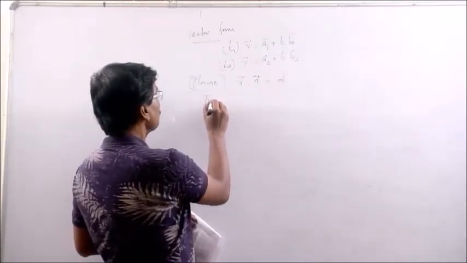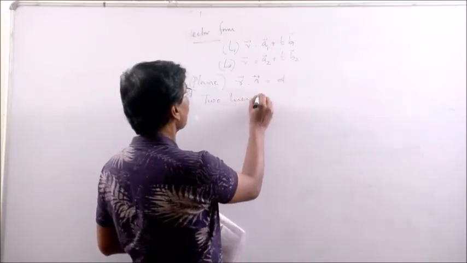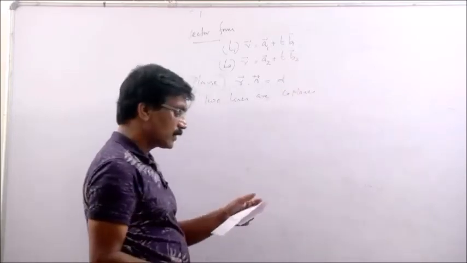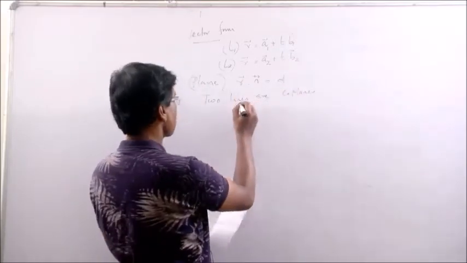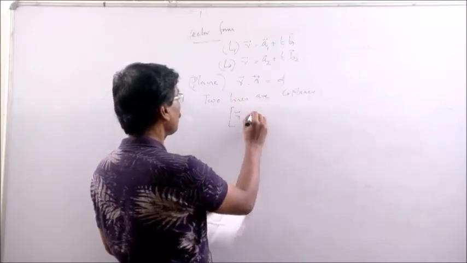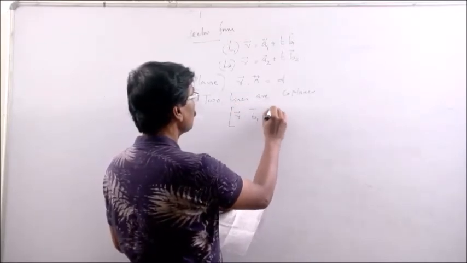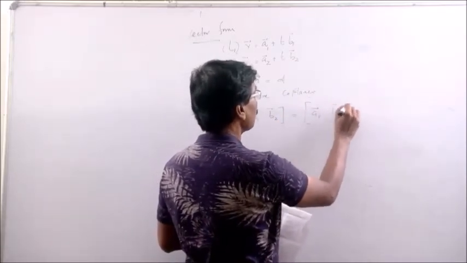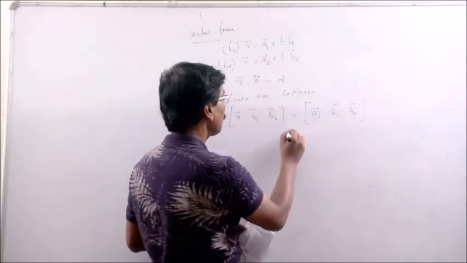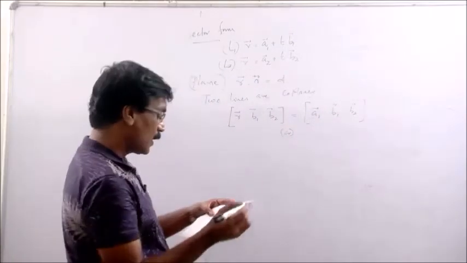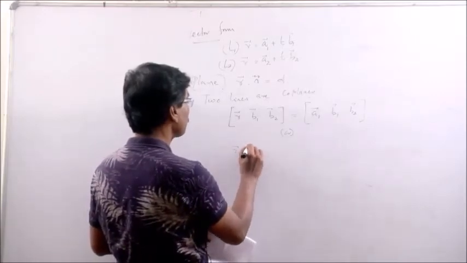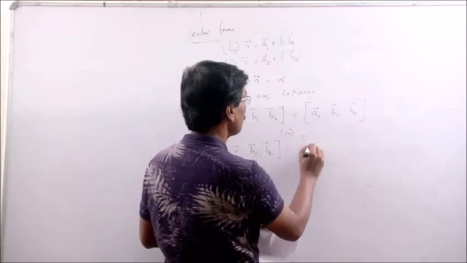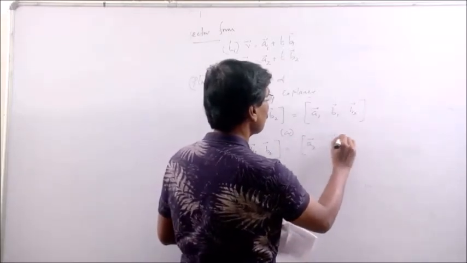These two lines are coplanar. Now, the condition is the scalar triple product [r b1 b2] is equal to [a1 b1 b2], or [r b1 b2] is equal to [a2 b1 b2].